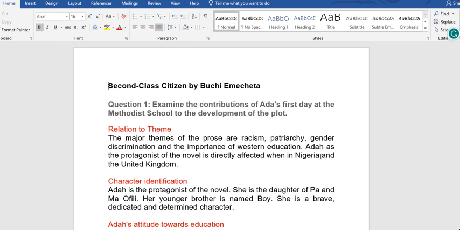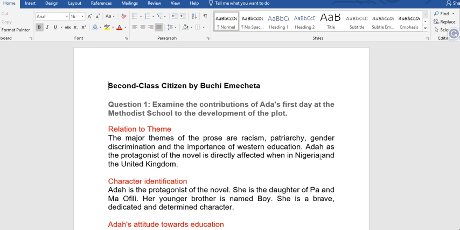The first section, you need to relate the question to the relevant theme. That is one or two of the themes of the text. You see, I write in red ink, relation to theme. That is the first thing for you to do.